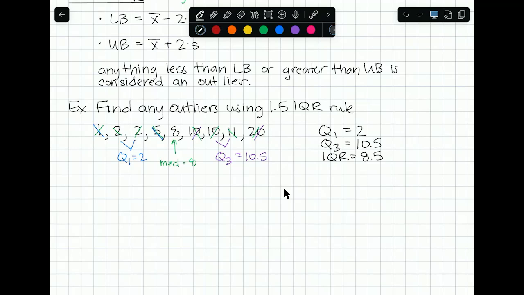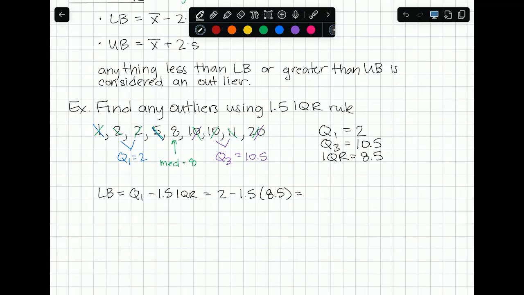Next thing we're going to do is calculate those lower and upper bounds. So lower bound for this data set is going to be Q1 minus 1.5 times the IQR. So for us, Q1 is 2 minus 1.5 times 8.5. And I'm going to do it on my calculator, but I can already tell that that is likely going to be lower than any of my data values.